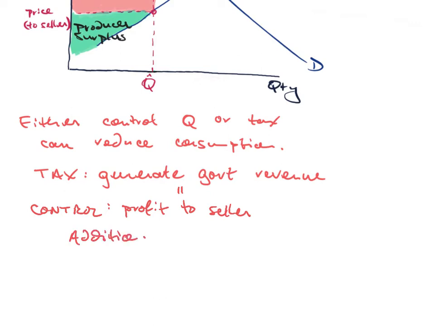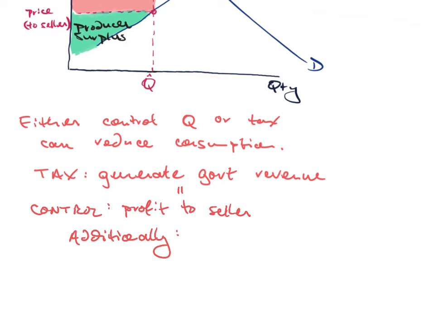On top of that, there are a couple of things I'll mention. But the main point is controlling the quantity, like restricting consumption, even passing laws to make something illegal, only makes the business profitable for sellers, for drug dealers.